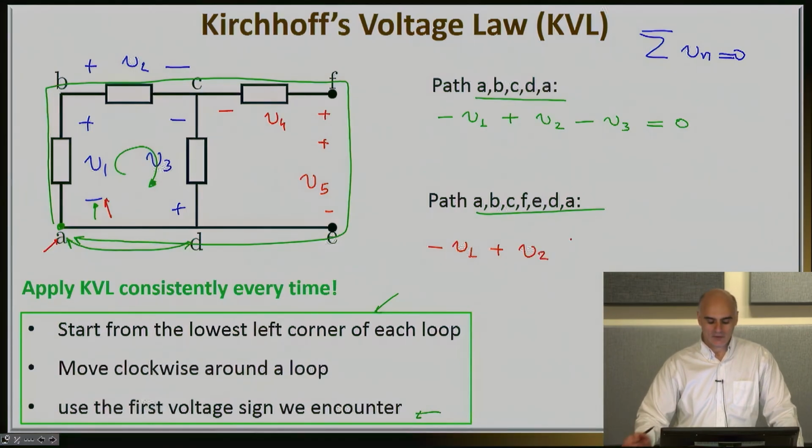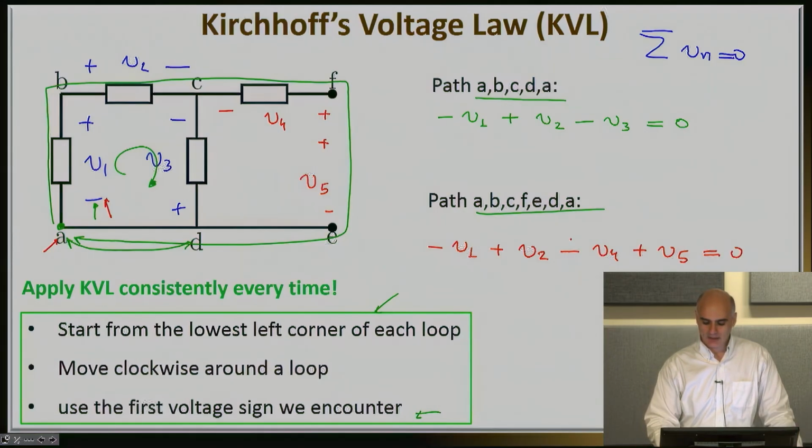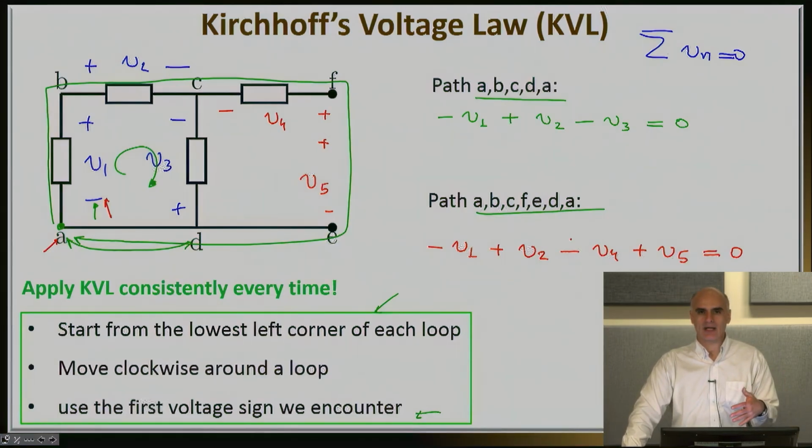Then I see V4 with a negative sign, so this is negative V4. Then I see V5 with a plus sign, so this is plus V5, and that's the end of it. I have arrived back at node E, which is the same as A, and therefore this must be equal to 0.